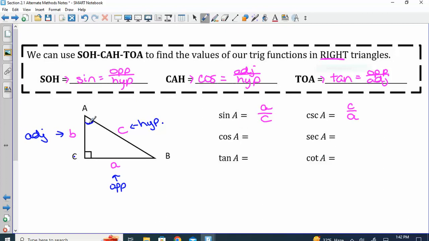So cosine of A, cosine adjacent over hypotenuse, is B over C. So that means secant, the reciprocal, is C over B. And tangent, opposite over adjacent, so that would be A over B. So cotangent is B over A. Any questions there?